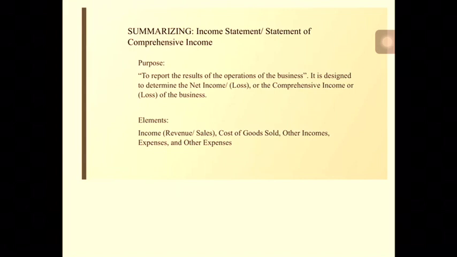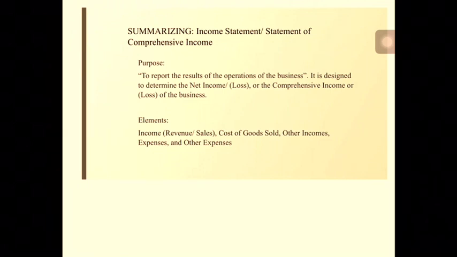Okay, you have there your cost of goods sold. From the term itself, cost of goods, this is only used in a manufacturing or a merchandising type of business because the products we sell to our customers in a merchandising or a manufacturing type of business are called goods.